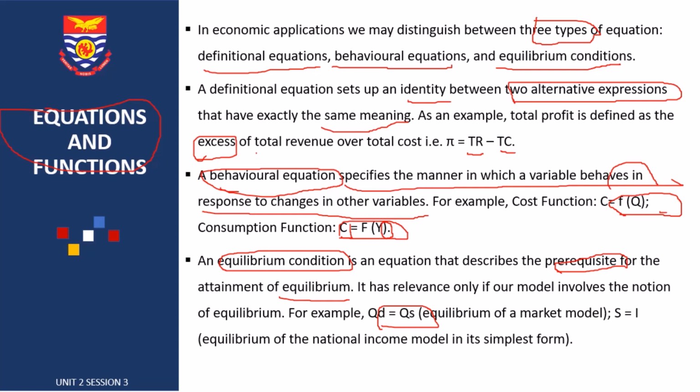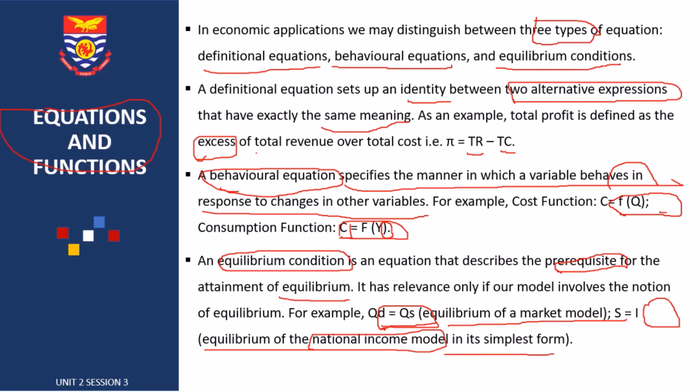In a market model, at equilibrium, quantity demanded is equal to quantity supplied. Or you can say that savings is equal to investment. When we are dealing with macroeconomics, you are going to encounter that. That is the equilibrium of the national income model in its simplest form.